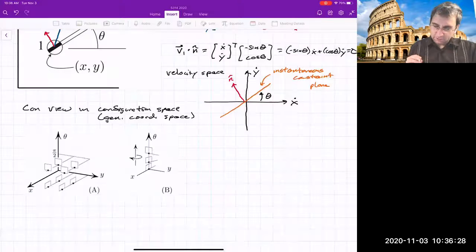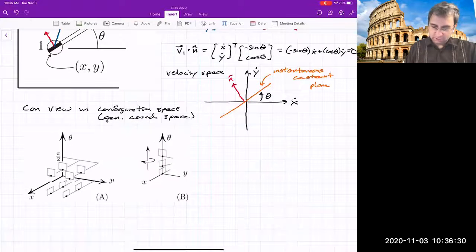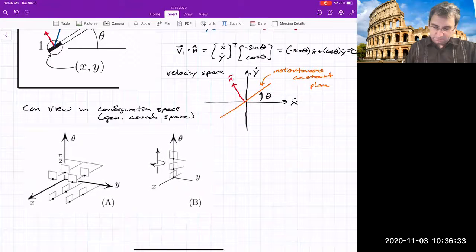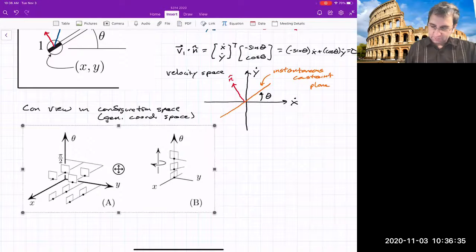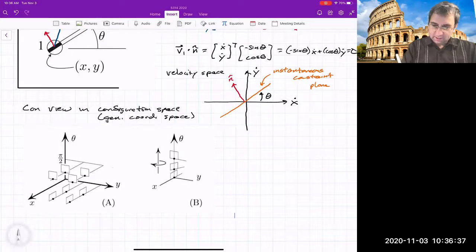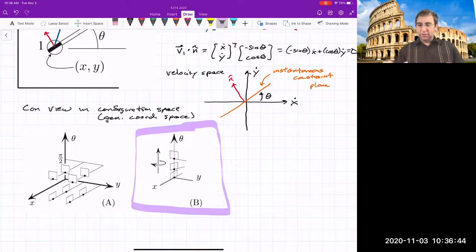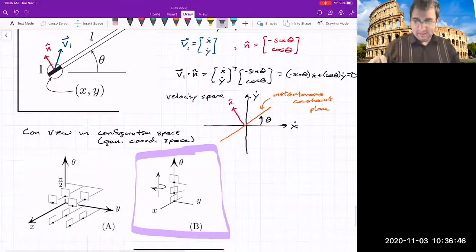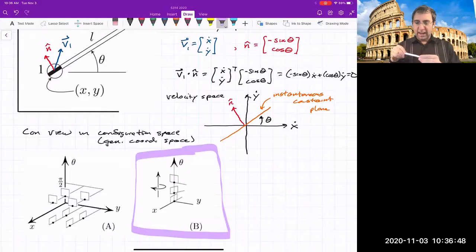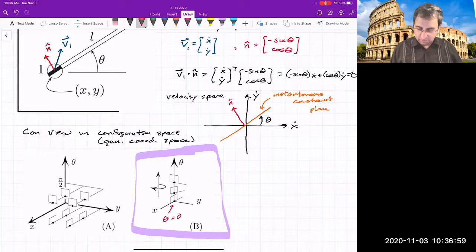It's in some other book that has a different purpose. But this sort of gives the idea. So maybe look first at this B over here. If I just keep changing my angle, the little plane here indicates the direction that I can instantaneously move. So over here, this is at theta equals 0.